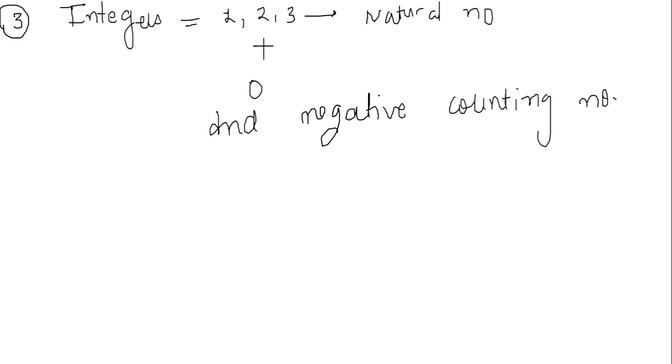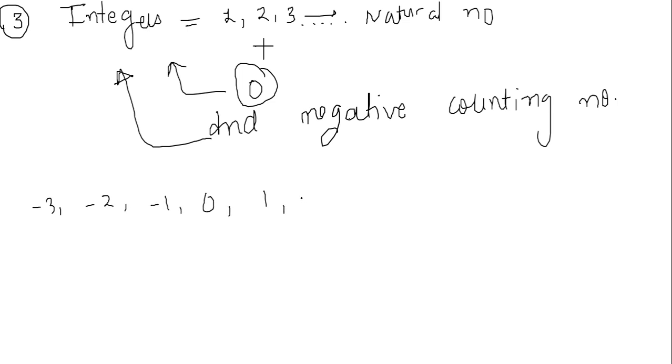It means 1, 2, 3, 4 are natural numbers starting from 1. Also 0 is included in integers, and along with that the negative counting numbers are also included. For example, -3, -2, -1, 0, 1, 2, 3 and so on, all these numbers are called the set of integers.